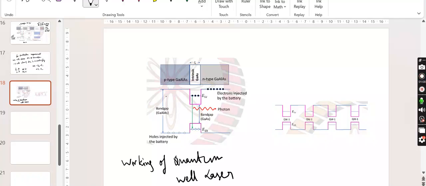The operation of a quantum well laser is like this: a gallium arsenide semiconductor is sandwiched between p-type and n-type gallium aluminum arsenide semiconductors and forms the active layer of the quantum well diode. The extreme narrowness of the active layer allows only a low energy level, so only one energy level resides inside both the conduction and valence band quantum wells.